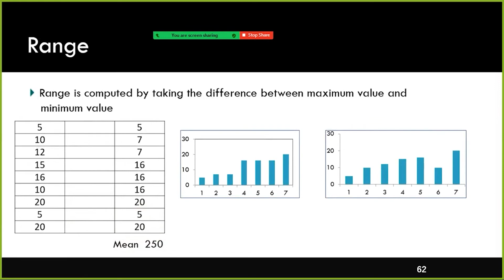Now let us take a look at the measure range. Using the range measure, we can find out how spread out a distribution is. So look at this data set. This is data set A, this is data set B. Are there any differences between these two data sets?